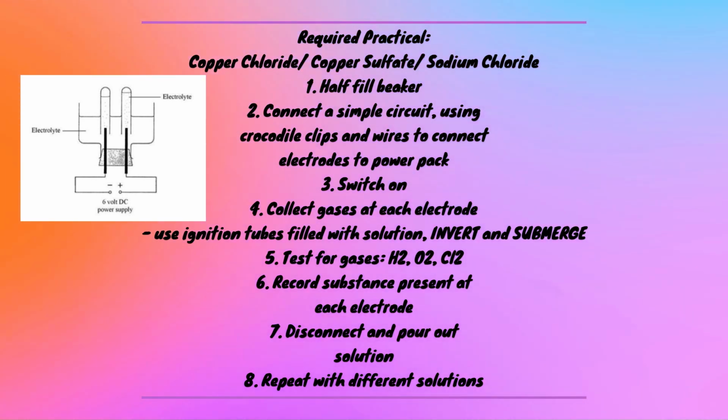We're then going to test the gas at each electrode. So remember to test for hydrogen, we're looking for a squeaky pop. For oxygen, a glowing splint will relight in the presence of oxygen, and in the presence of chlorine, damp blue litmus paper bleaches white. Record the substance present at each electrode, then we're going to disconnect the circuit and pour out the solution. We then repeat with different solutions.